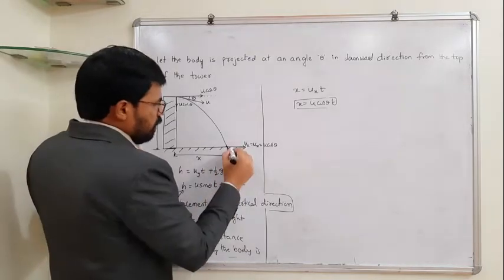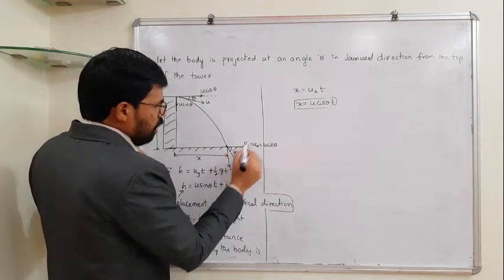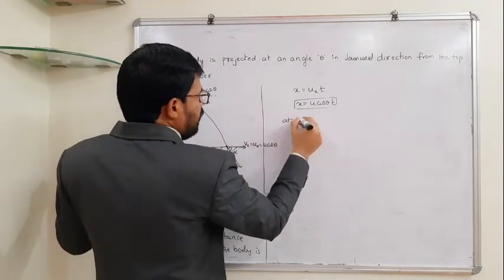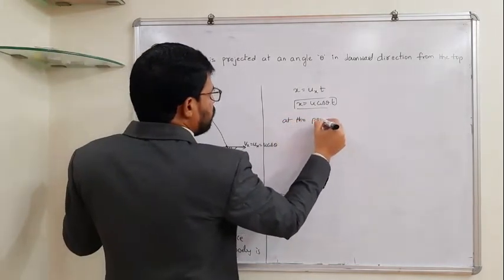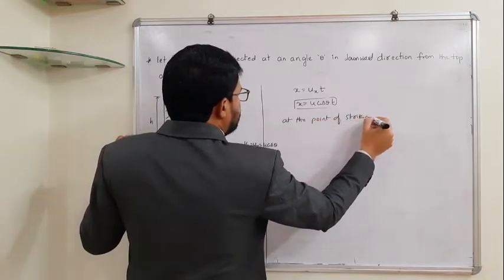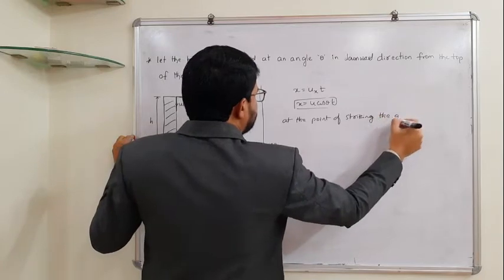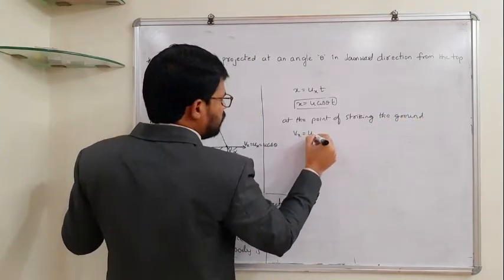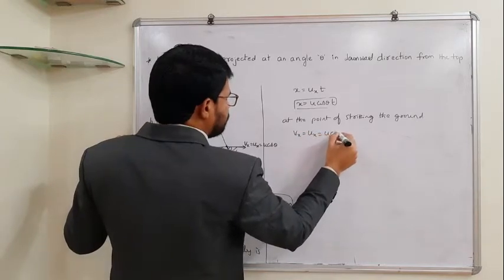Okay. Let us say it is striking the ground at an angle alpha. So here, at the point of striking the ground, what is Vx? Vx is nothing but ux, which is nothing but u cos theta.